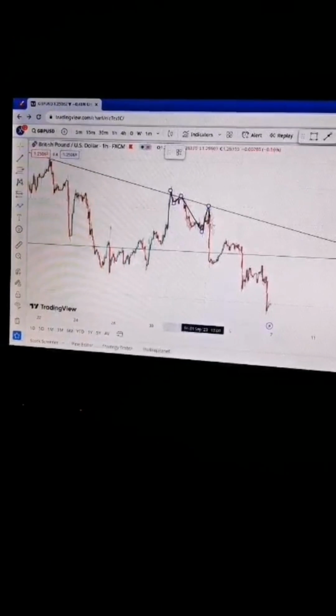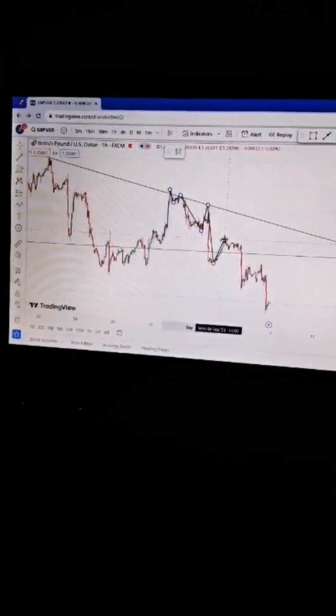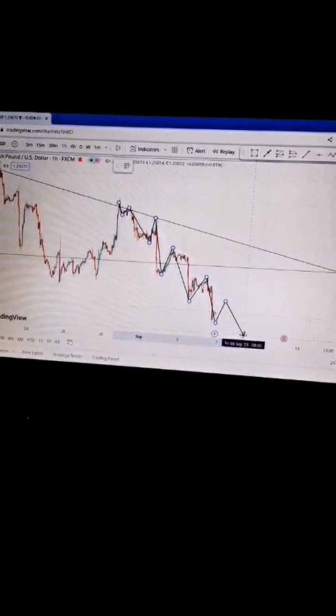Lower high, lower low, lower high, lower low, lower high, lower low. Probably going to come back for a lower high over here, then continue going down.